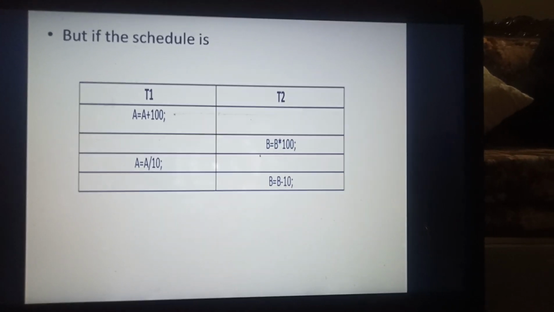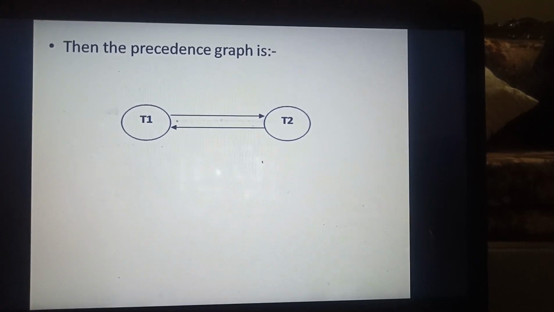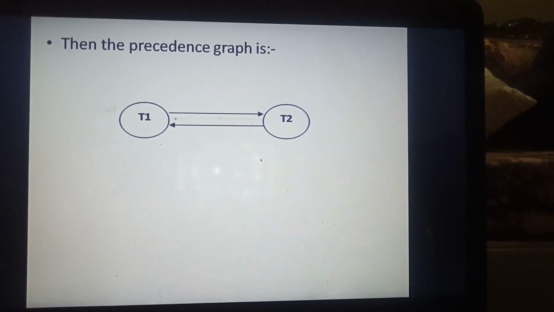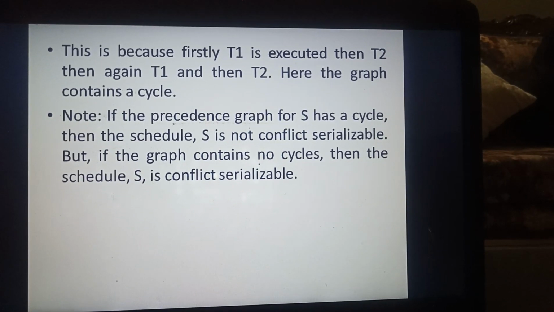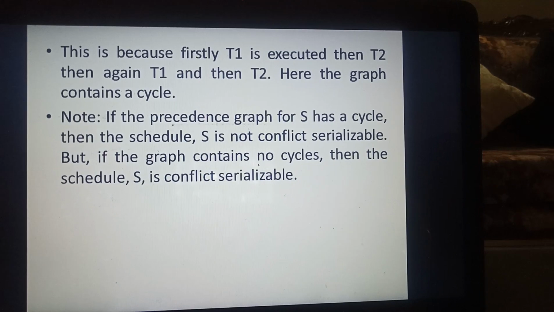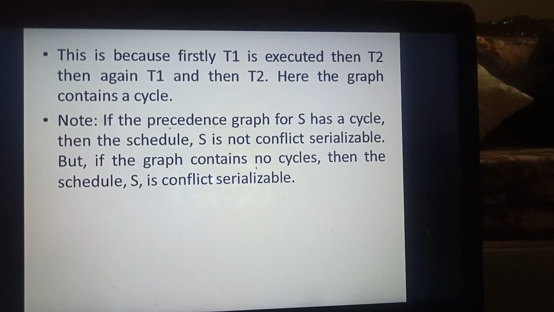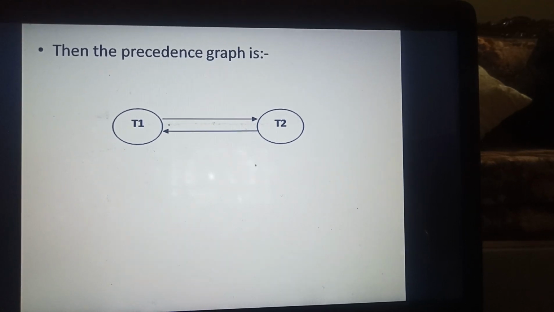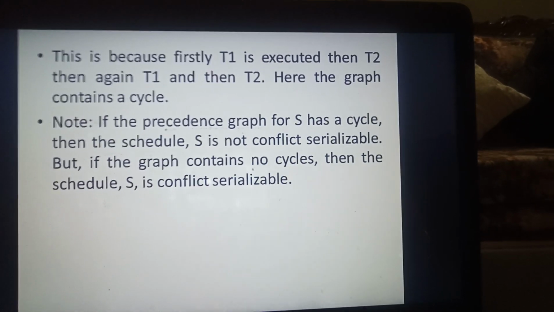So the precedence graph will be like this. The arrow will be in both the directions. This is because firstly T1 is executed, then T2, then again T1 and then T2. Now here the graph has a cycle. As you can see, this graph has a cycle.